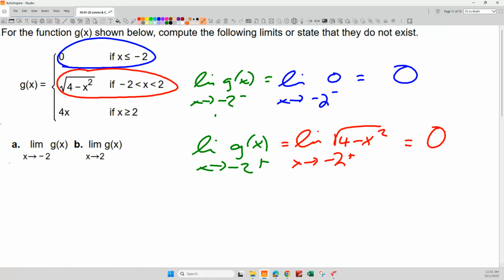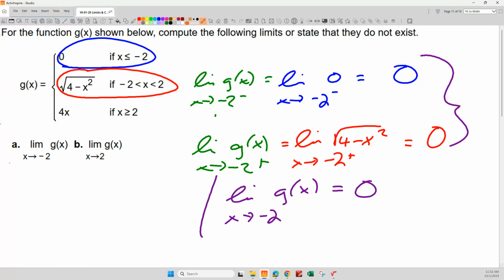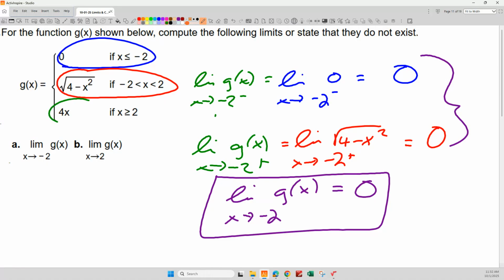Limit is 0, yeah. Okay, so that tells us that the limit of g of x as x approaches -2 is 0. Okay, and I would do the same thing for part B as we approach 2, right? I'd take a limit of the red piece as x approaches 2 from the left, take a limit of the right piece, or the bottom piece, that we'll call the green one, as x approaches 2 from the right, and see if they agree. Okay, make sense?